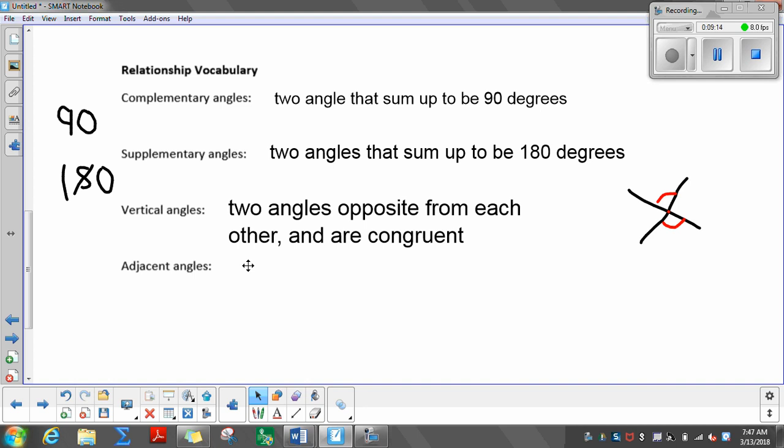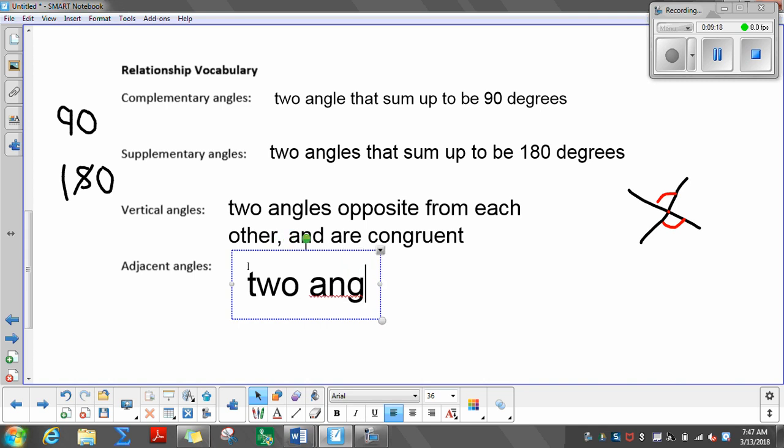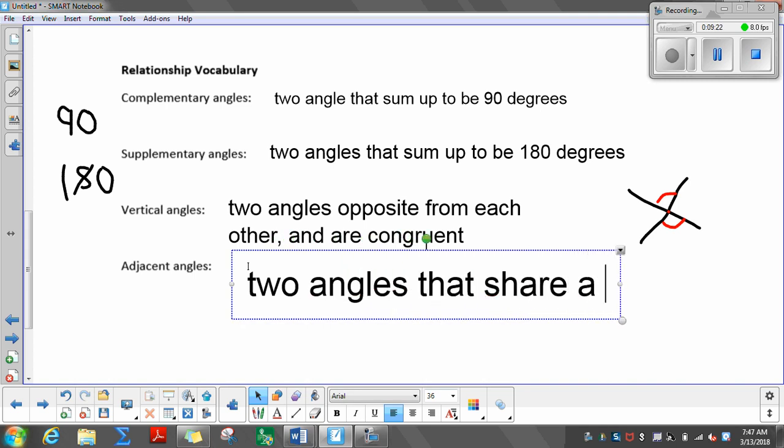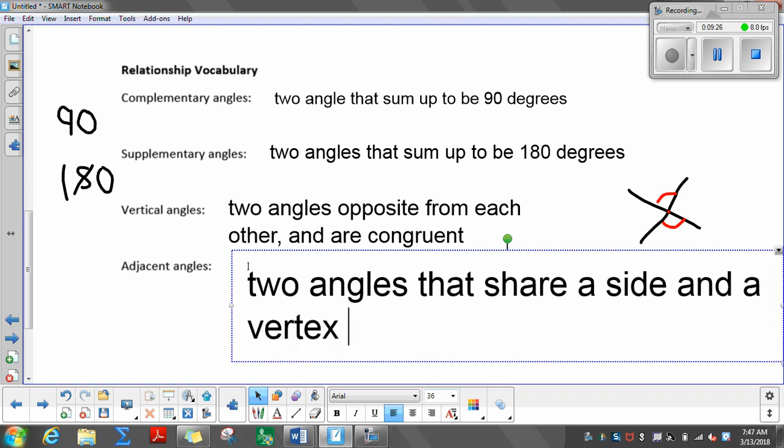Adjacent angles are two angles that share a side and a vertex. Basically it means they're next to each other. Okay?